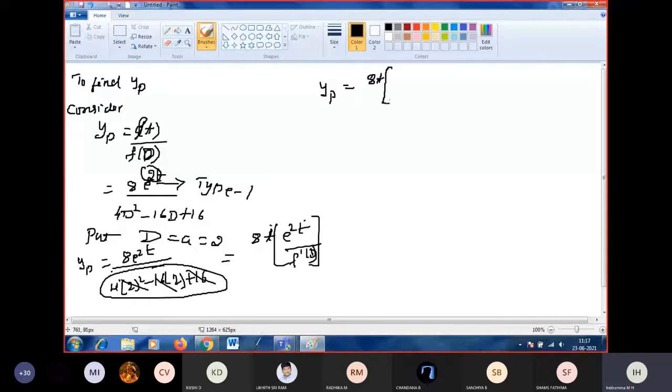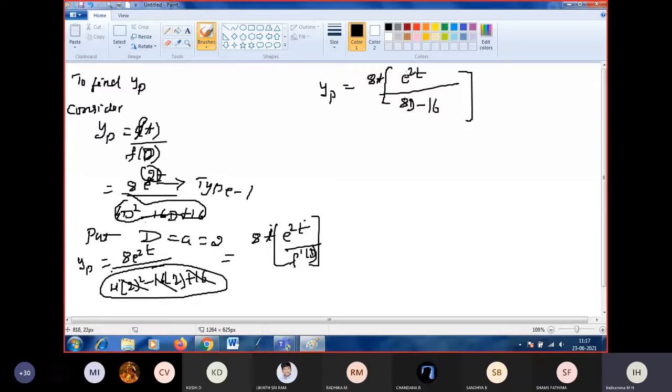Therefore YP is equal to 8t e power 2t. Since f of D is 4D square minus 16D plus 16, what is our f dash of D? 8D minus 16.